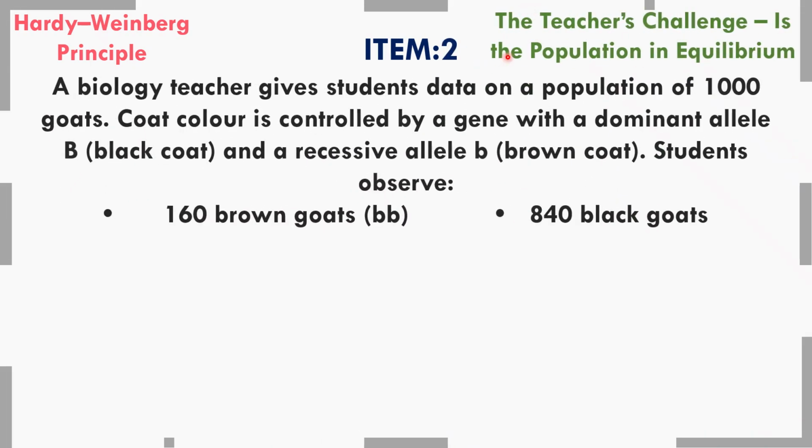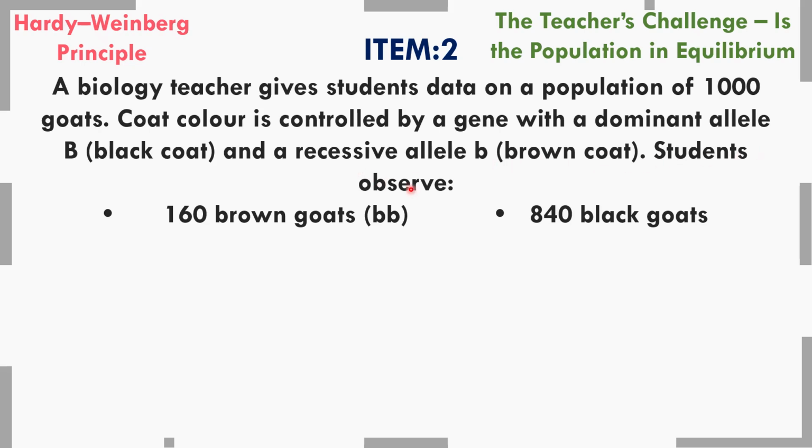Let's now look at the teacher's challenge. Is the population in equilibrium? Item 2. A biology teacher gives students data on a population of 1,000 goats. Coat color is controlled by a gene with a dominant allele B, capital B, black coat, and a recessive allele, small b, brown coat.